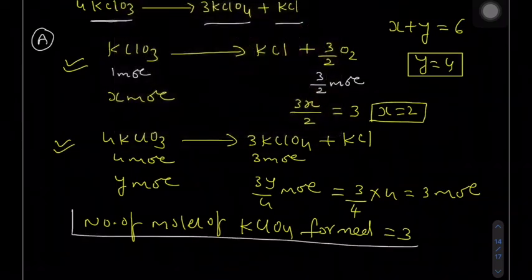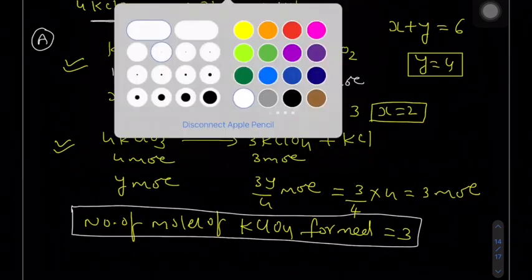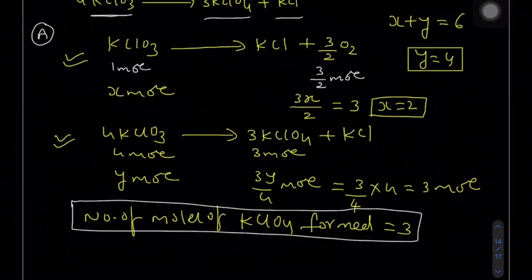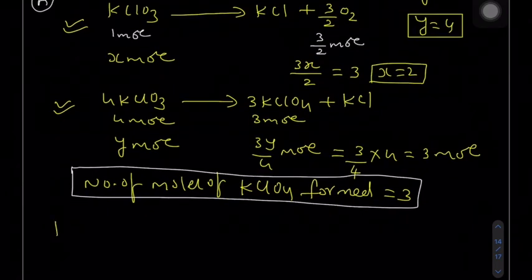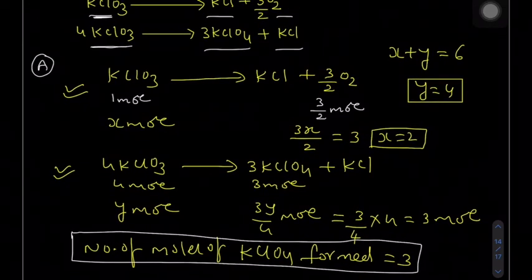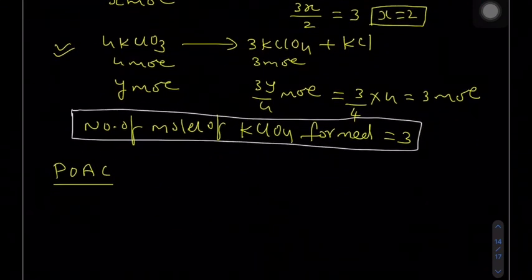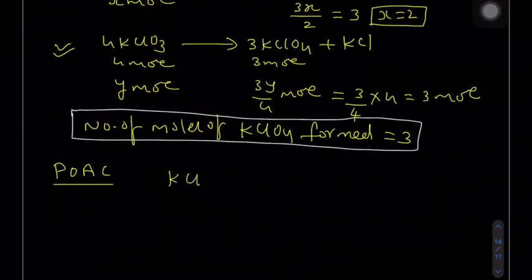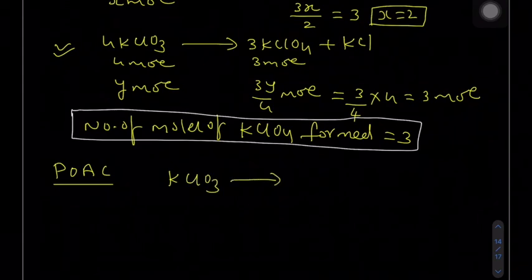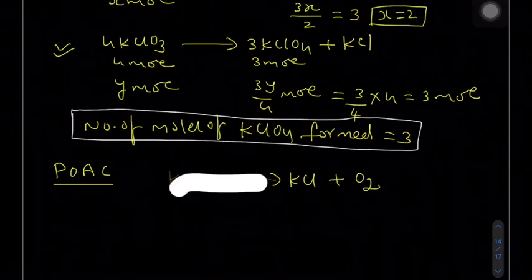Okay. Now there is one alternative method, by simply applying the concept of POAC, the principle of atom conservation. Let's suppose in this reaction, first reaction and second reaction, both are balanced reactions.